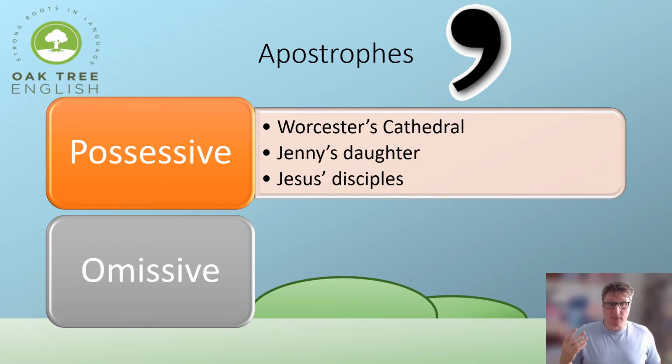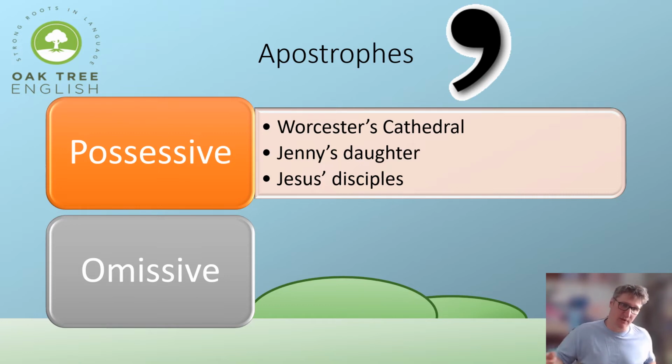Now, the reason I put Jesus' disciples here is not because I'm a religious nutter, although I am. It's because Jesus ends with an S. When the word ends with an S, you can just shove an apostrophe on the outside of it, and then you've got Jesus' disciples, or the disciples of Jesus.